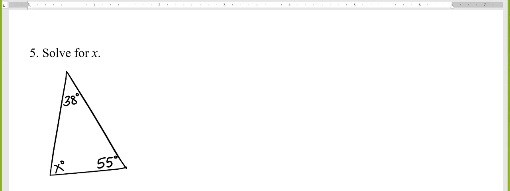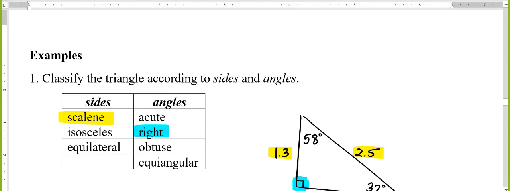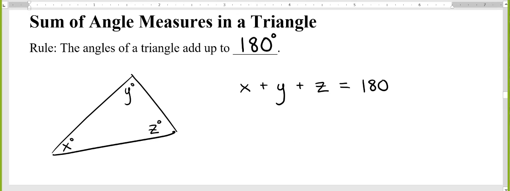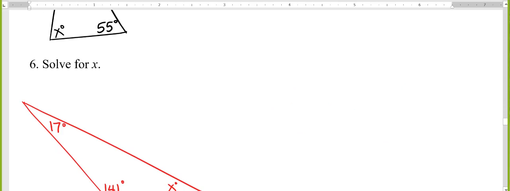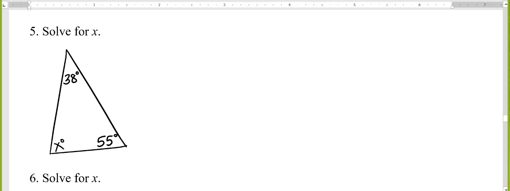These next 4. What do all the angles in a triangle add up to? They all add up to 180. Okay, so for number 5, we're going to say 38 plus 55 plus x equals 180.